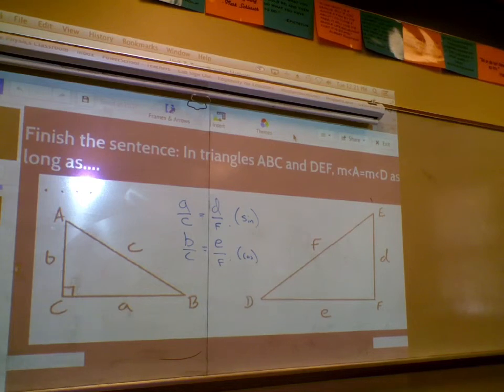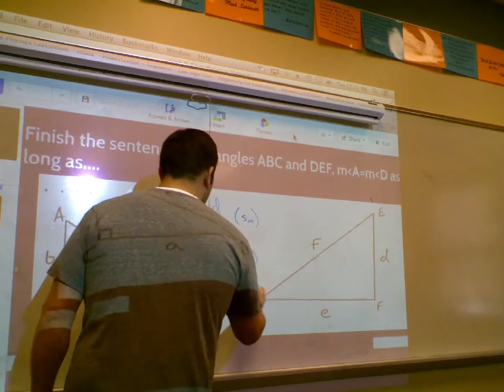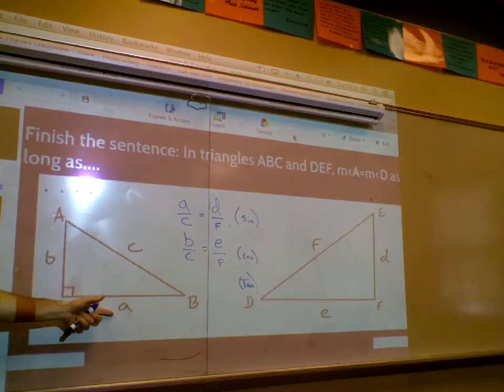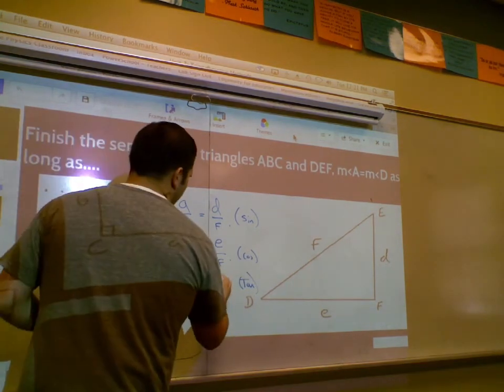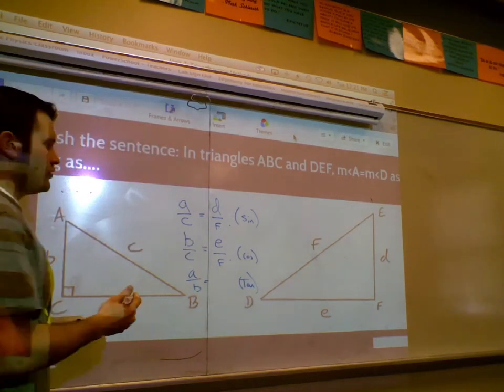Tangent. Right? Tan ratio. Everybody know it? What's the tan ratio for A? A over B. What's the tan ratio for D? D over E. Good.